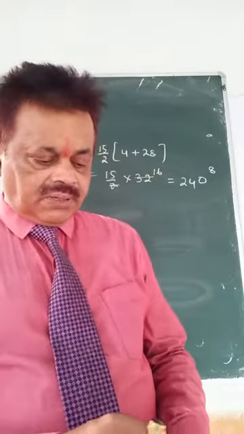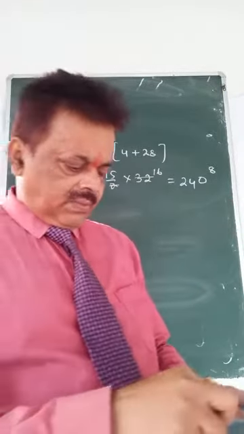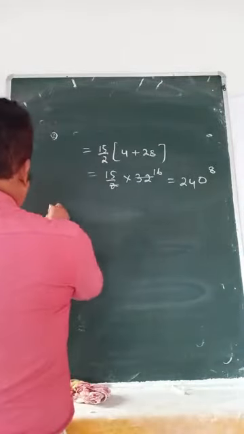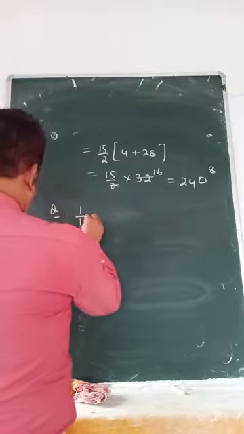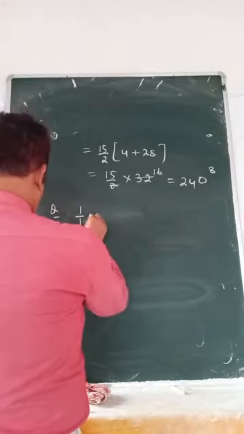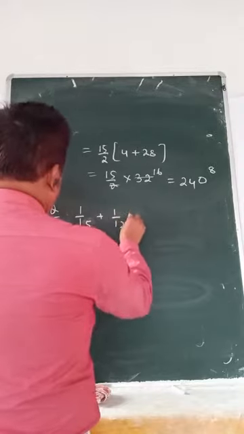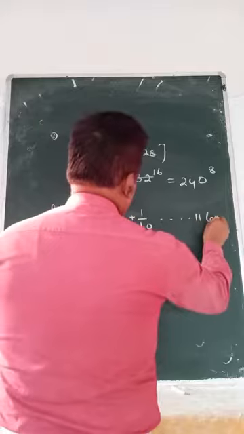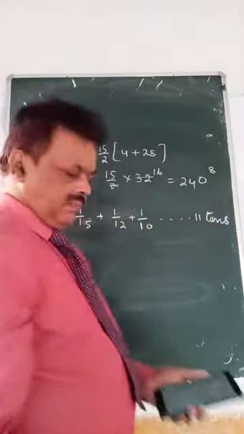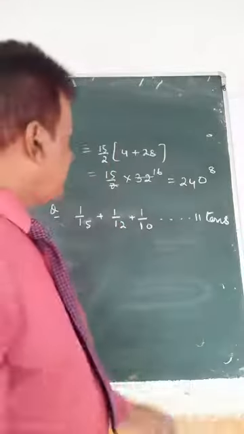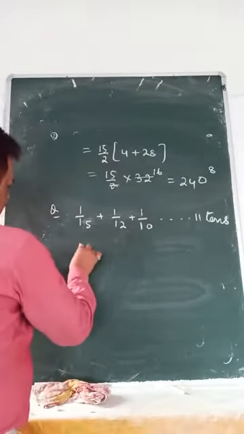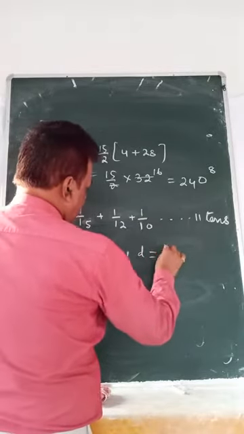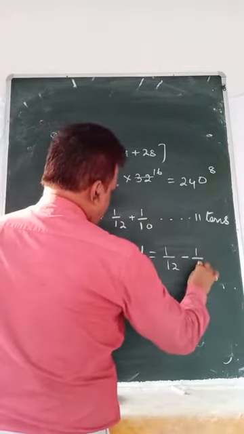See a question from your textbook. Suppose we have a question: 1 by 15 plus 1 by 12 plus 1 by 10, 11 terms. Method is same, only pattern is different. A equals 1 by 15, d equals 1 by 12 minus 1 by 15.